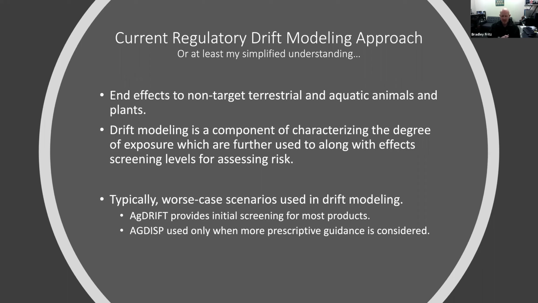Again, this is another one of my interpretations of where things are at in terms of how these models are used regulatory-wise. In a number of calls and meetings I've been in the past several years, it's fairly apparent that even though AgDisp, which is a more advanced aerial model, is available and can be used, the first step in most of these assessments is AgDrift, and probably the Tier 1, because it's the most defendable, I would say, in terms of what's the potential worst case.